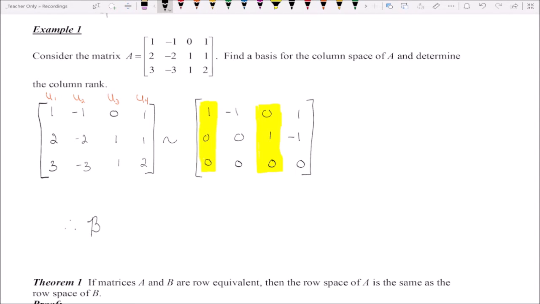So a basis for our column space would be the set (1, 2, 3) and (0, 1, 1).